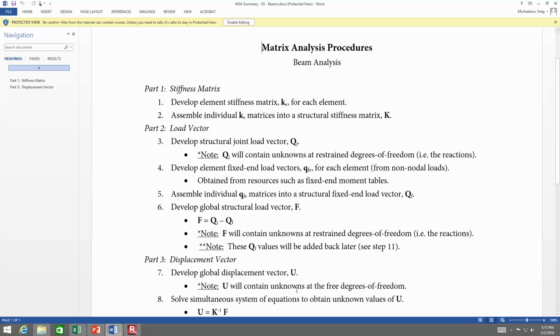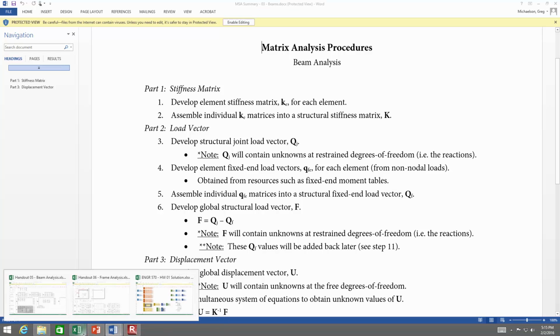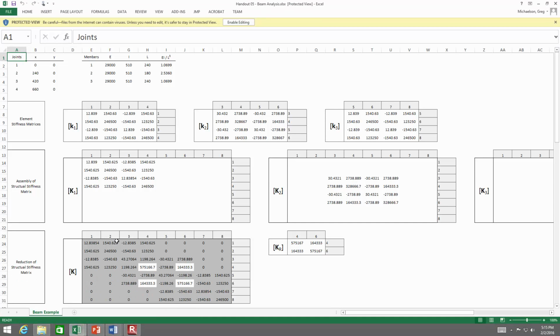Okay. Now I'm going to go through this fairly quickly since you all have this. I emailed this spreadsheet to you earlier today. Did you all get this? I emailed this to your Marshall accounts. This is my Excel sheet for the example that we just went through, just to give you an idea.